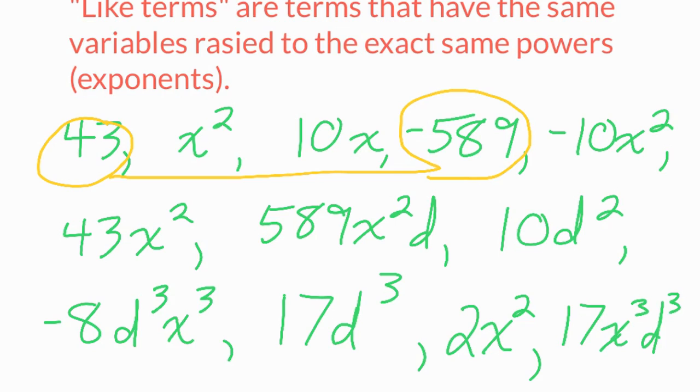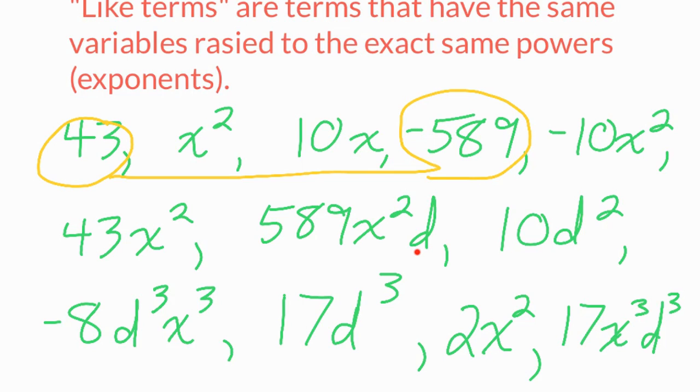Let's see. So this one has x squared, this one has x squared, this one has x squared, and this one has x squared. Now all of those terms except for one of them are like terms. Can you guess which one does not go along with the others? It's this one right over here, and the reason is because this term has that other variable d in it.